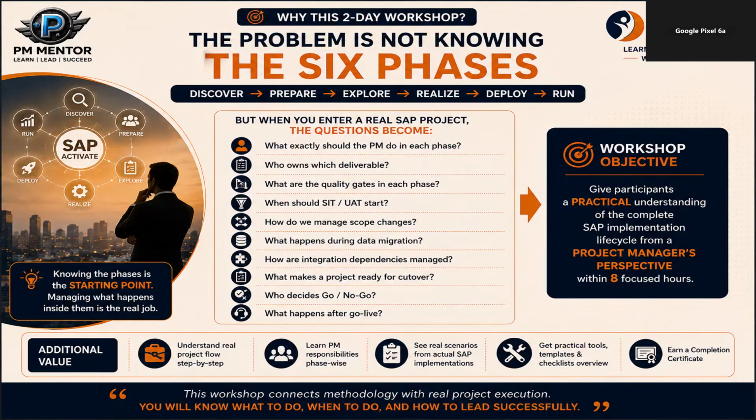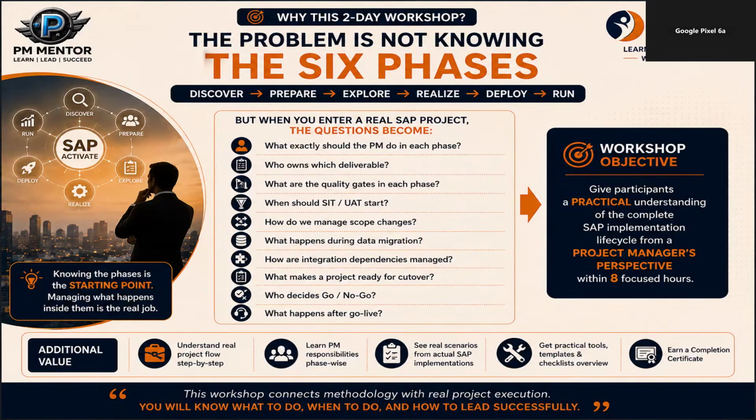Now look at data migration. What actually happens during data migration? Many people think data migration means extract the data, transform it, and load it, right? But from a project manager's perspective, that is not enough.